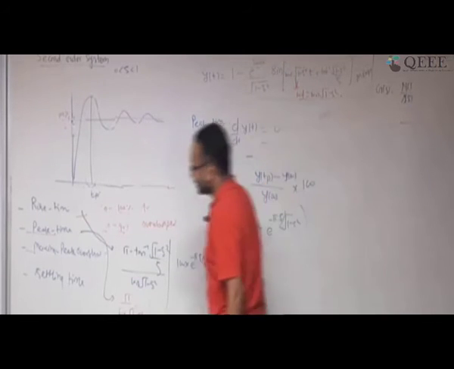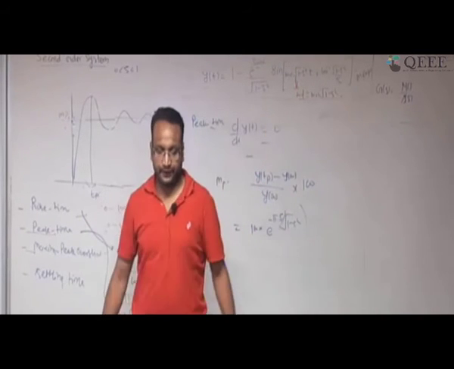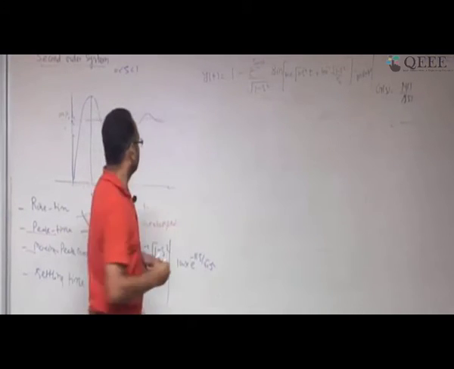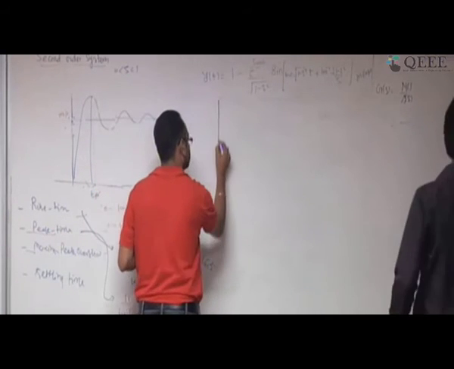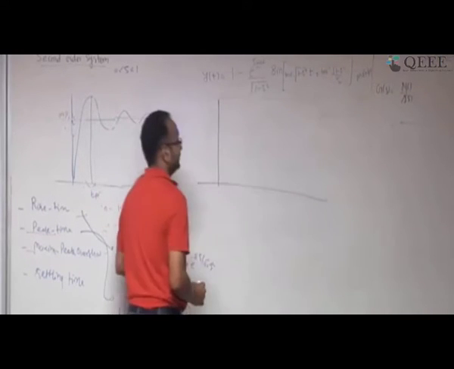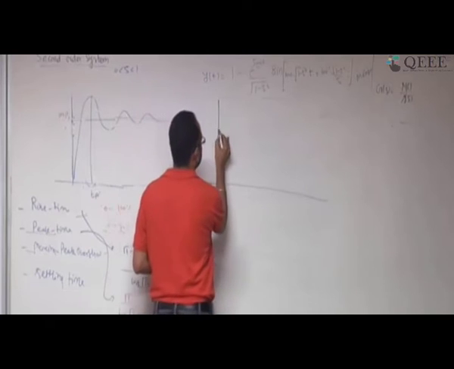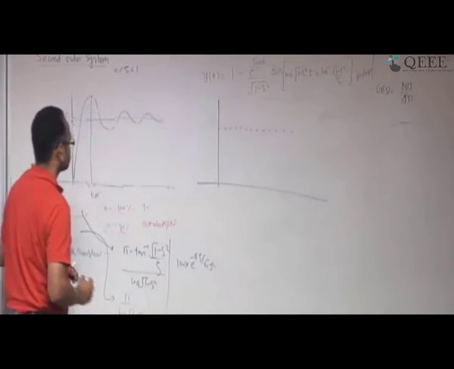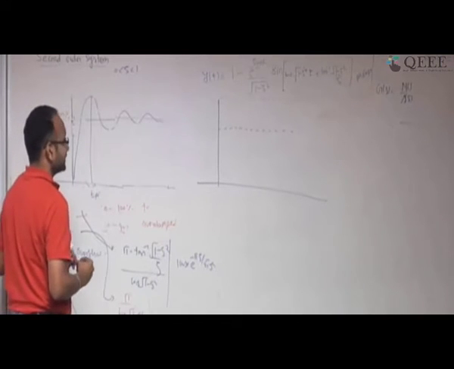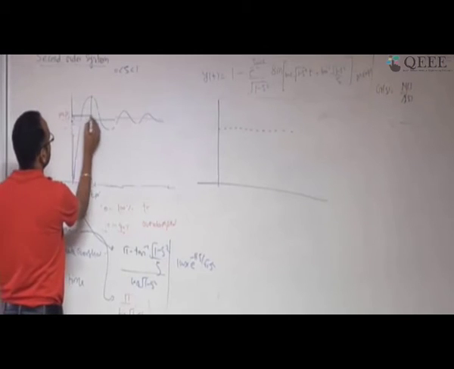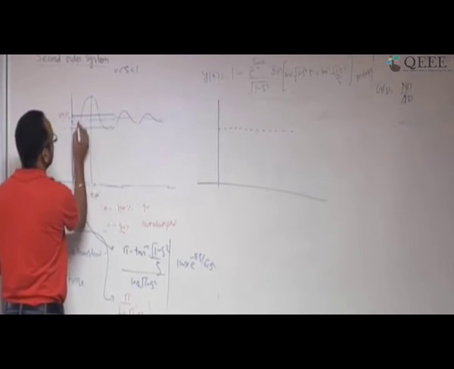Now the very important term is settling time, which I want to take. To explain this, let me use this plot. Settling time is, as I define it, try to understand that I will define a tolerance band.